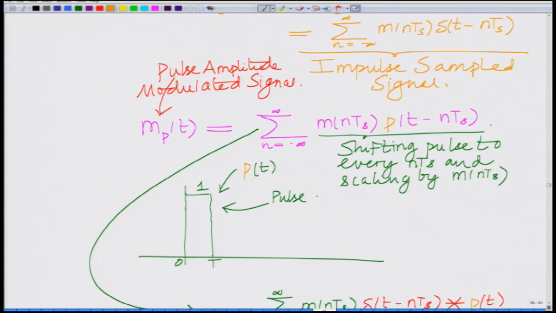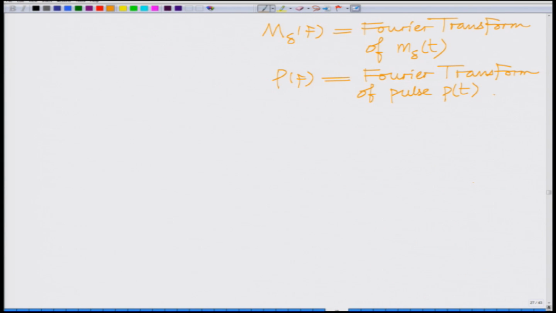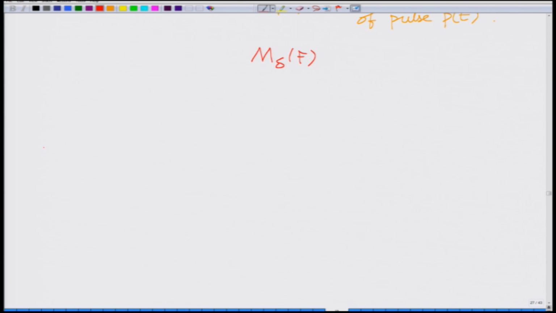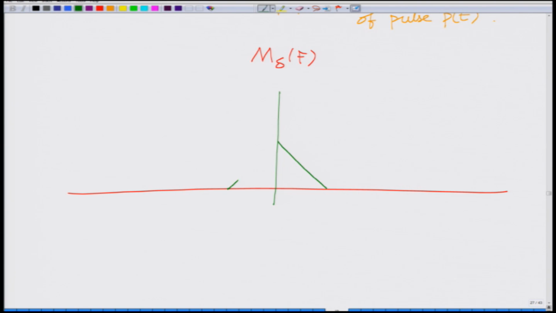Now, we already know the Fourier transform of m delta t. We know that m delta t has Fourier transform M delta of f, which is simply the sum of shifted replicas of the original spectrum M of f.